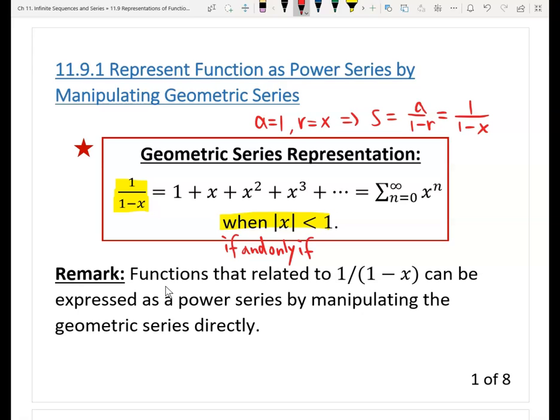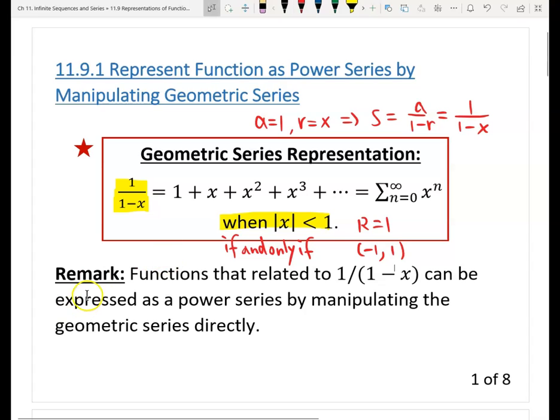You know, other than this case, other cases diverge. So there's if and only if. We can say R equals 1, the radius of convergence, right? And we can say the interval of convergence is -1 to 1. That's the only convergence interval.